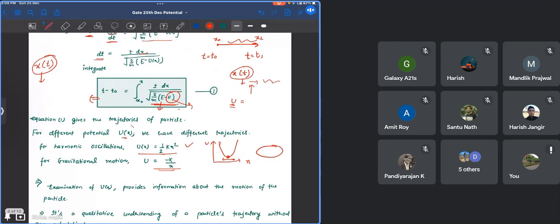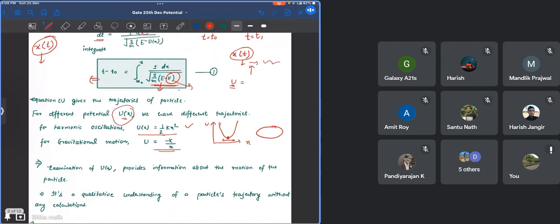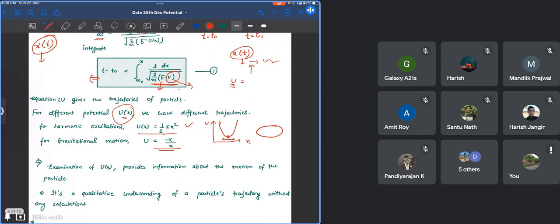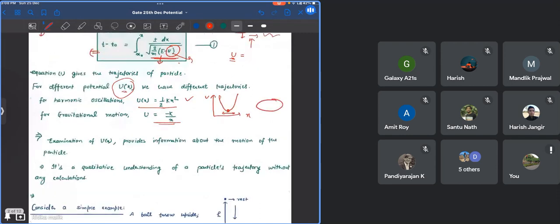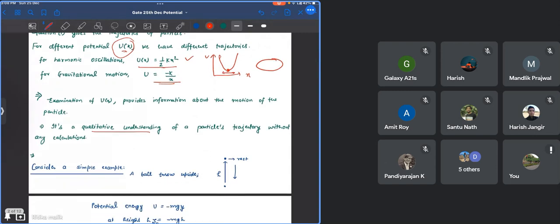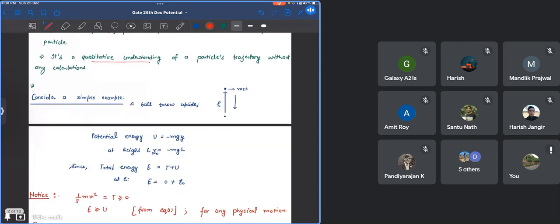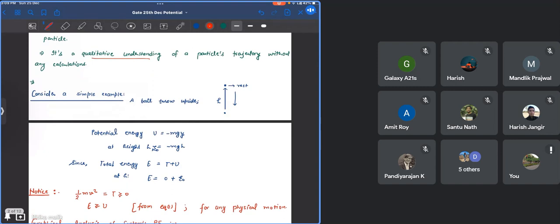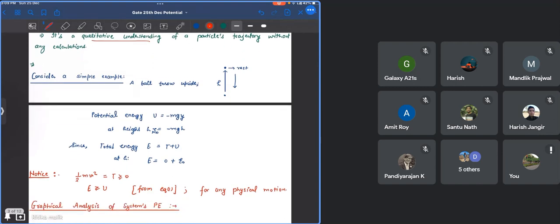So we are talking mostly about the potential energy to describe how the motion is going to behave, and this will give you a qualitative understanding. It will not give you the actual number, like the velocity and all other things. It just gives you how the particle is going to behave. So this is the simplest way to solve GATE questions.